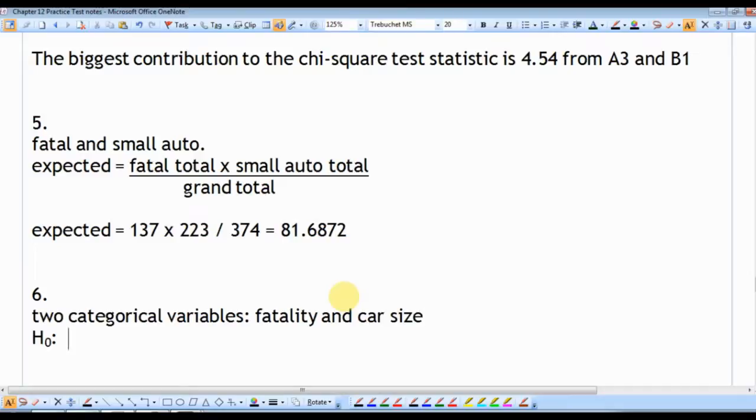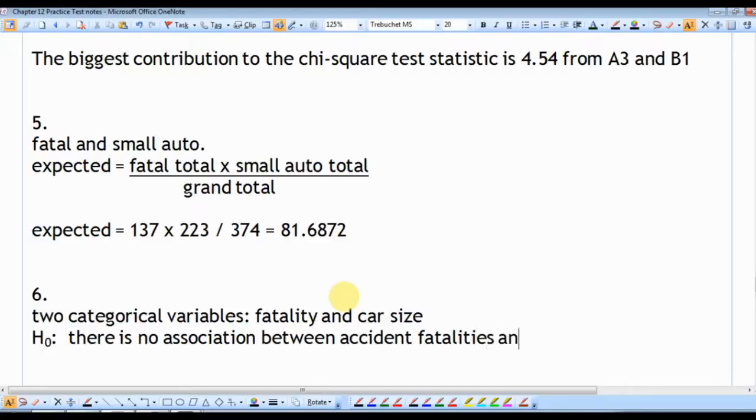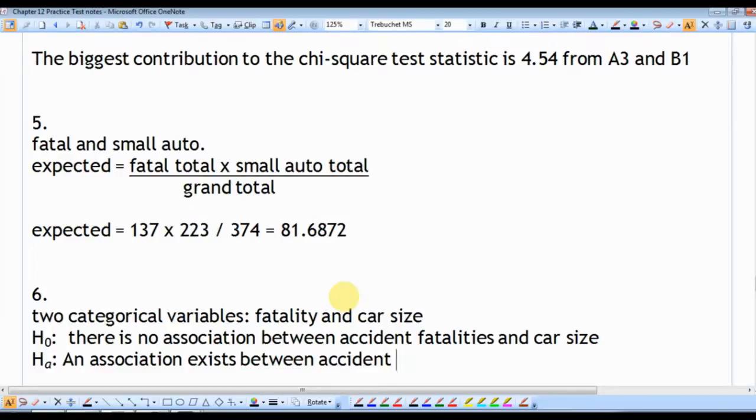So H naught: there is no association between accident fatalities and car size. The alternative is an association exists between accident fatalities and car size.